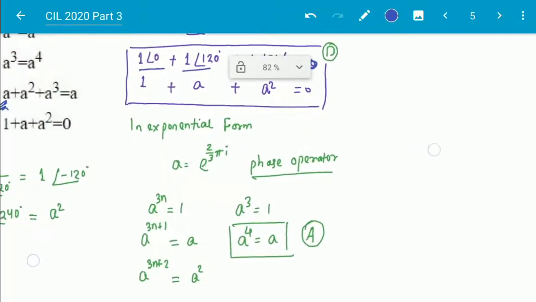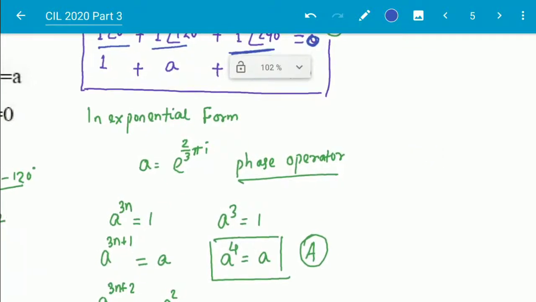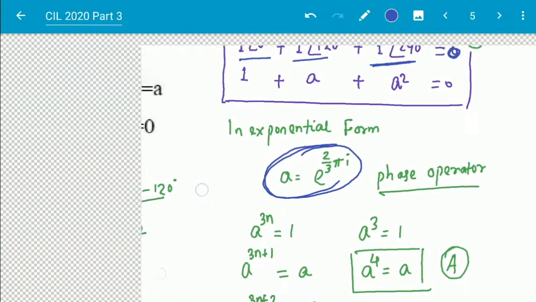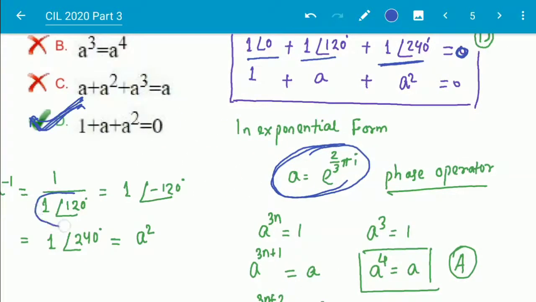And in exponential form, this is expressed as A is equal to e to the power j 2 by 3 pi. 1 angle 120 is in polar form. This is exponential form.